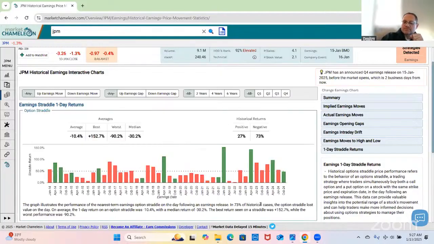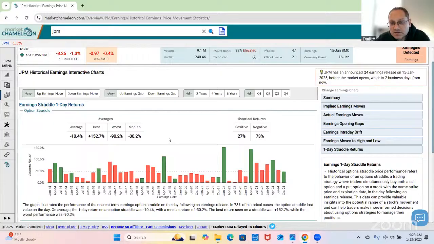So if you click on that, here's the straddle returns. You could see how this averages, but you could see that there was a straddle here that gained 152%. Look over here. There's a big move, and the straddle increased and returned 152%. The worst was a 90% loss. So whatever the straddle was the day before, the next day it lost 90% of its value by the end of the day.